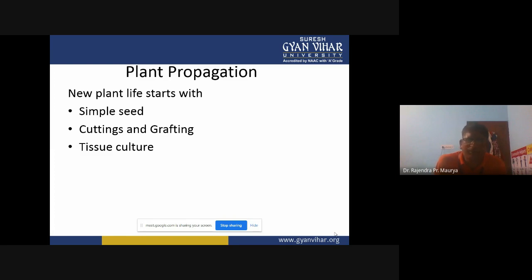So in plant tissue culture it is possible to take a single cell and multiply it, or produce a whole plant. Take an example like banyan trees. A banyan tree is a very big, huge tree. We can take a single cell from any part of the plant, and from that we can multiply.